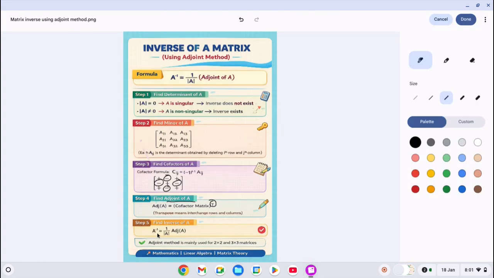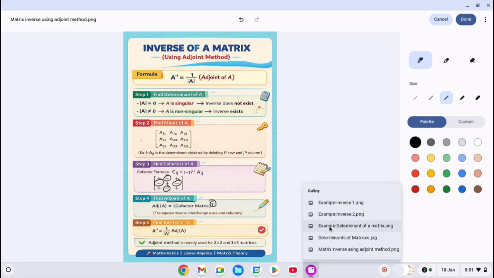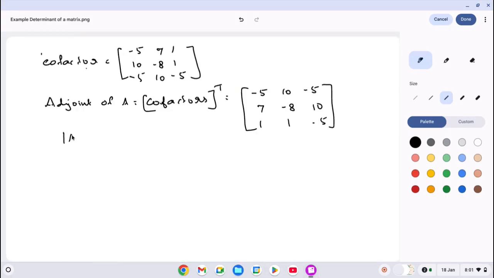A inverse. A inverse is nothing but 1 by determinant of A into adjoint of A. Already we have found the determinant of A is 15 and we have found the adjoint of A. If you write it in the formula, 1 by determinant of A into adj A, we can get the inverse of the matrix.